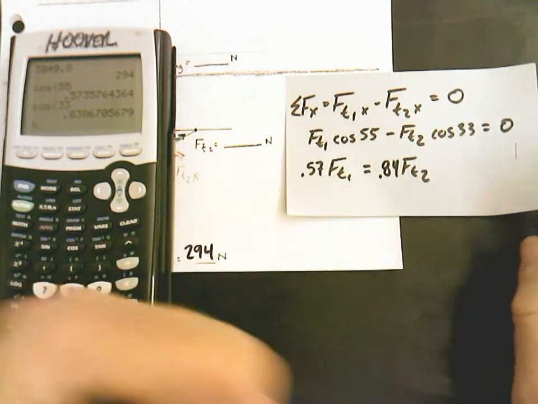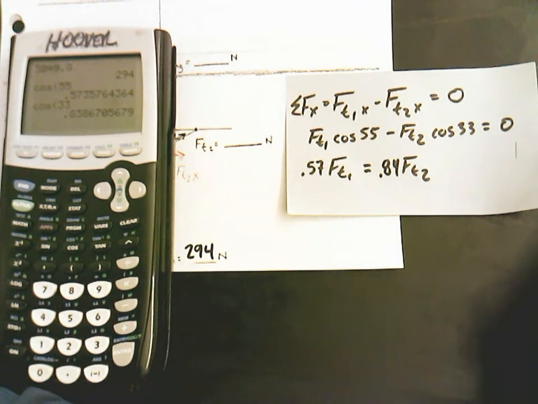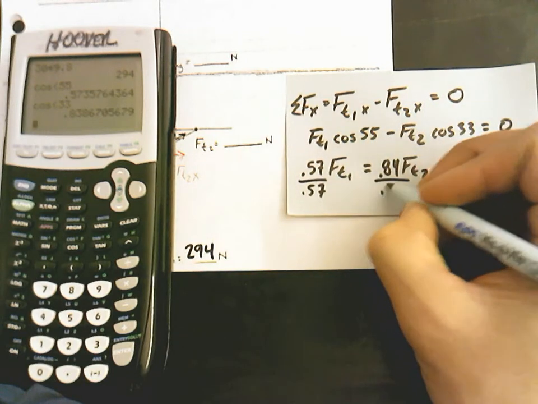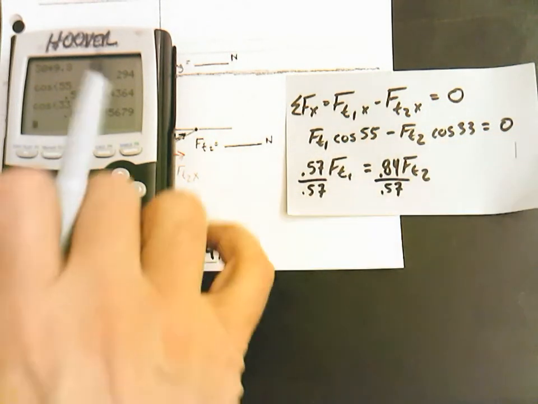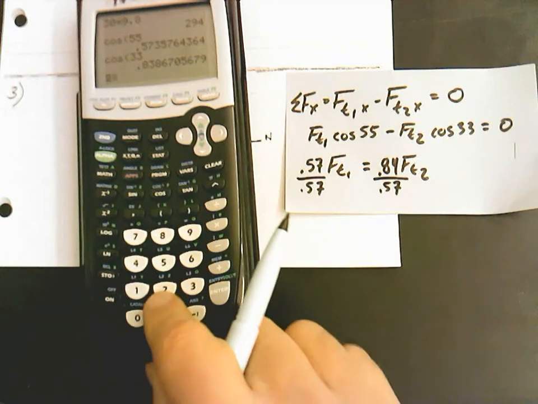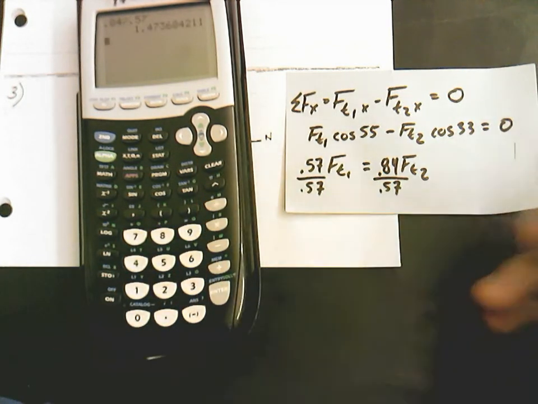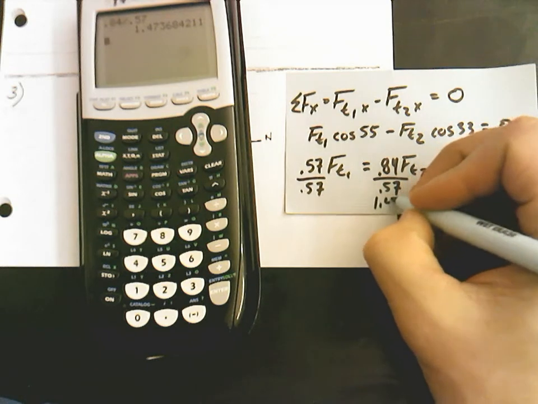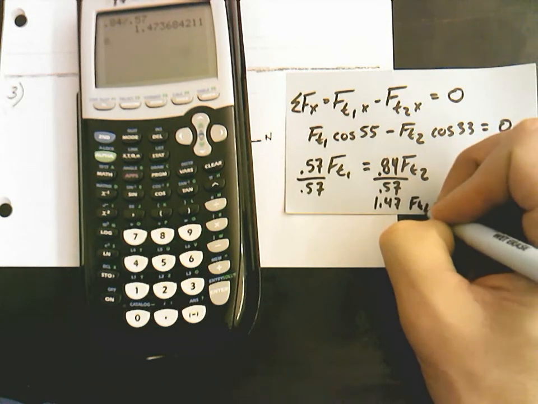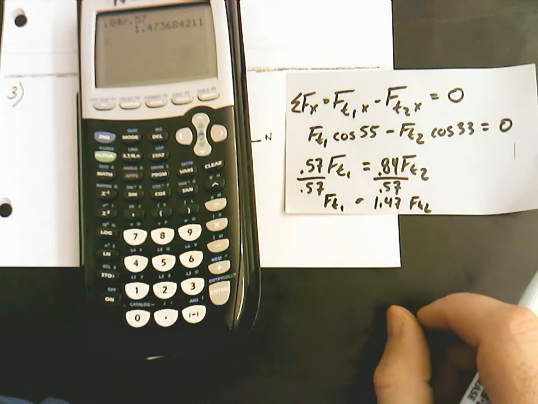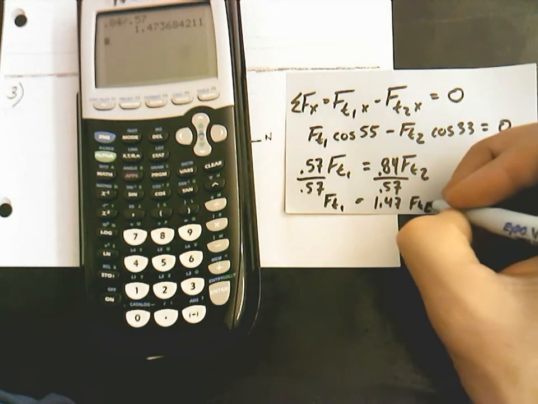So now we can get one compared to another by dividing. So if I want to get FT1 by itself, and I do, I divide both sides by 0.57. So I get 0.84 divided by 0.57. That gives me 1.47 FT2. So if I have an FT1, it takes 1.47 FT2s to equal it.